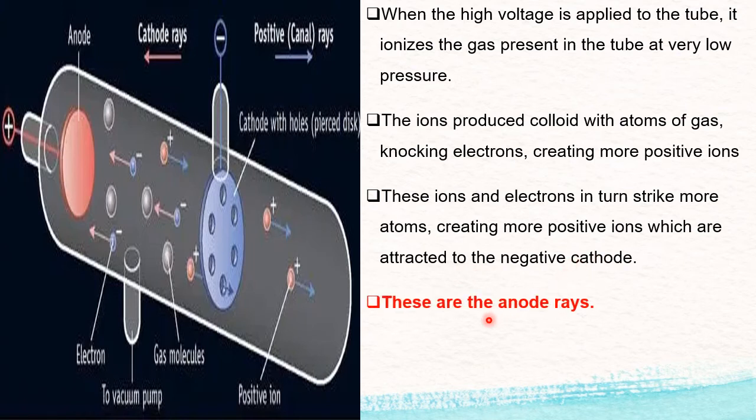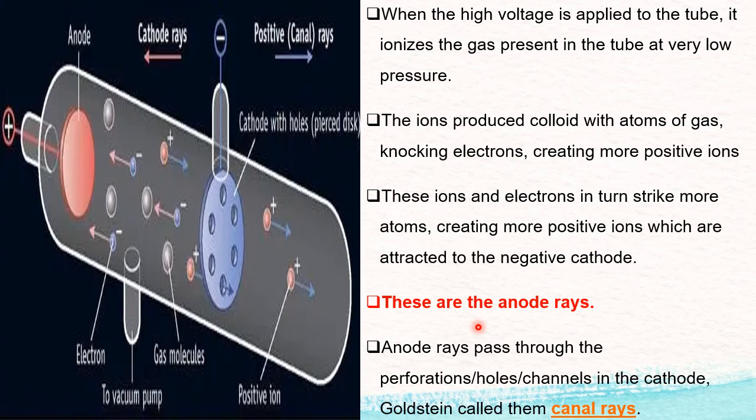These rays are called anode rays. So the credit of anode rays goes to Goldstein. Anode rays pass through the perforations, holes, channels in the cathode. Therefore Goldstein called them canal rays.